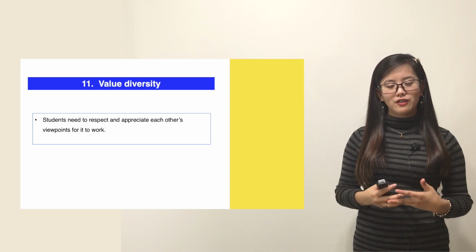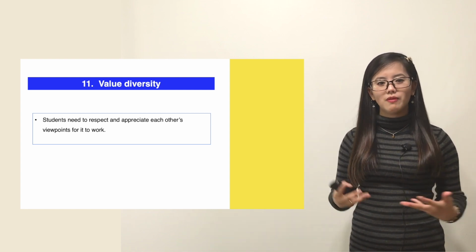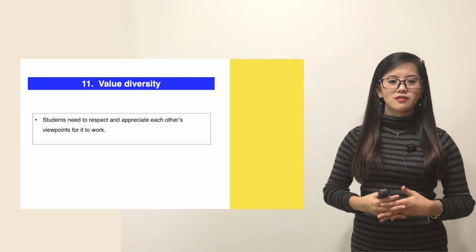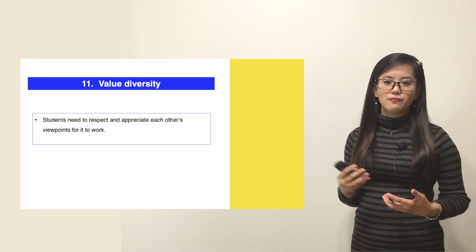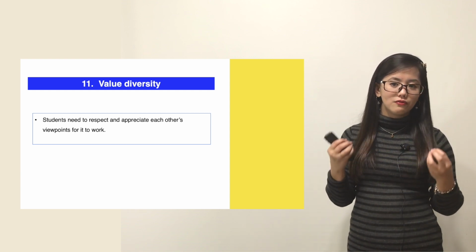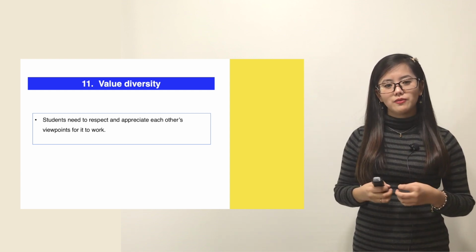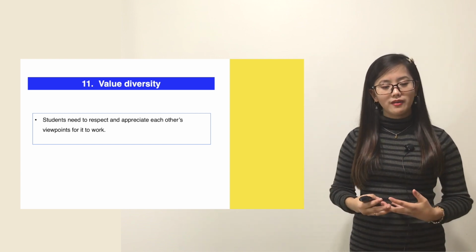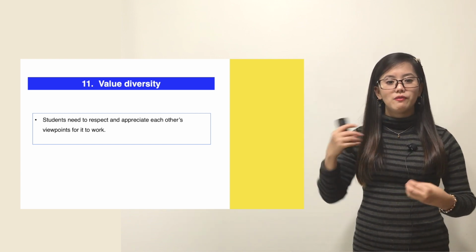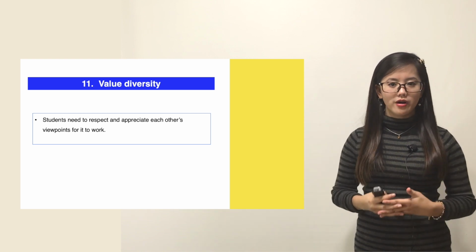Of course, if you keep on arguing and then you just don't come up with good output, that's really terrible. But if you try to respect and appreciate each other's viewpoint, there is a possibility that you could actually have more than what you have expected, right? And you will have a better output, you will have a better work.